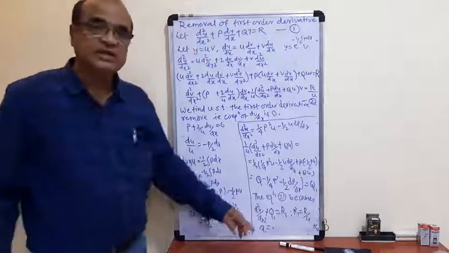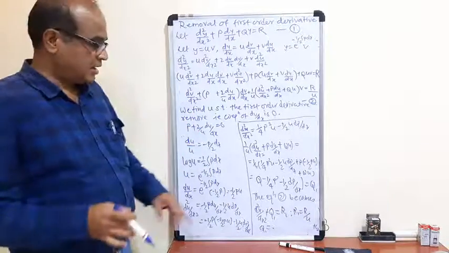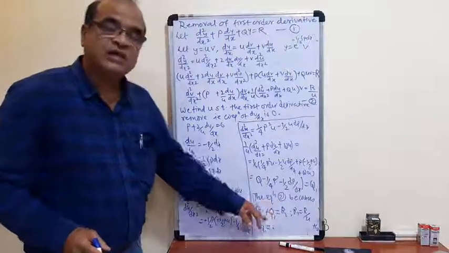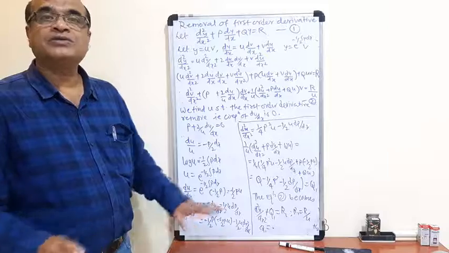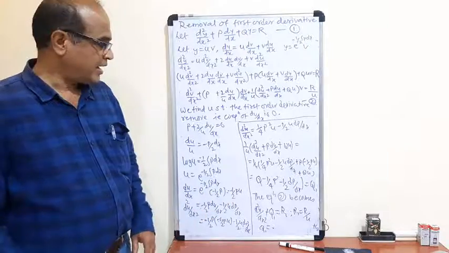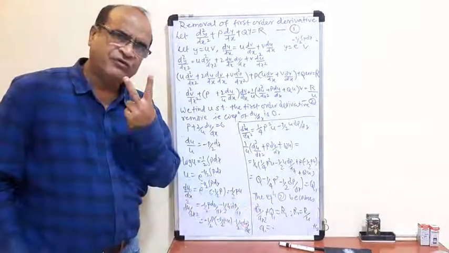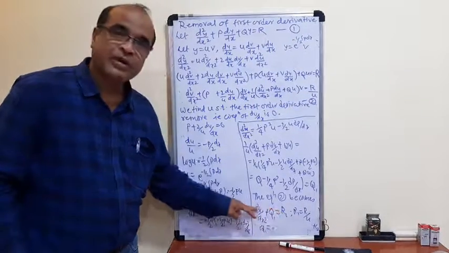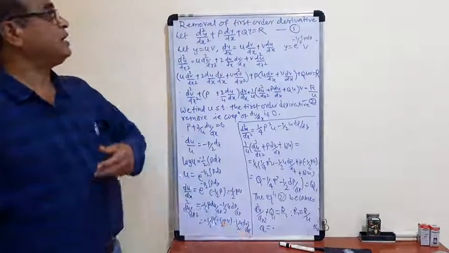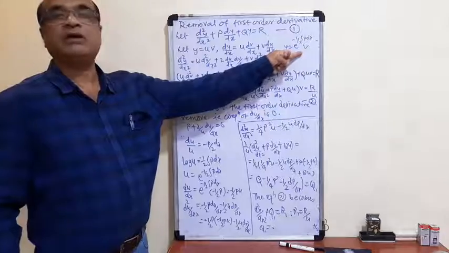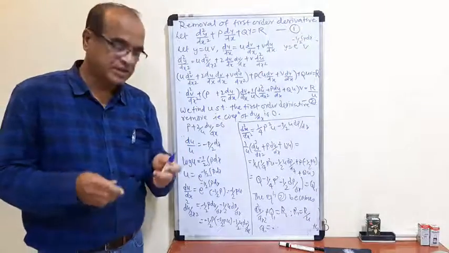This is a very simple differential equation to solve. When we solve it, we get v. Then we substitute v in this equation and we get the complete solution of the differential equation.